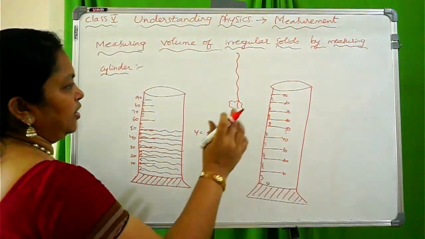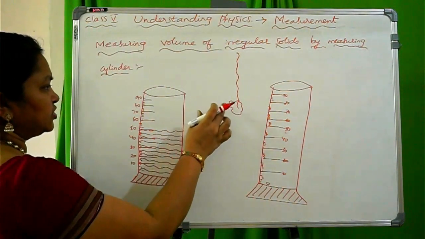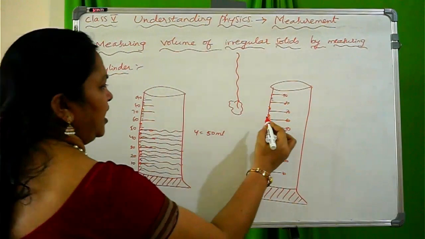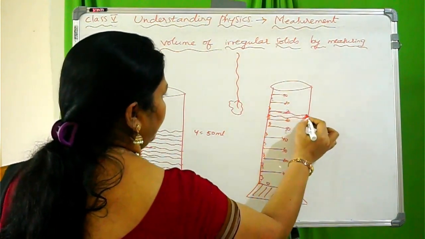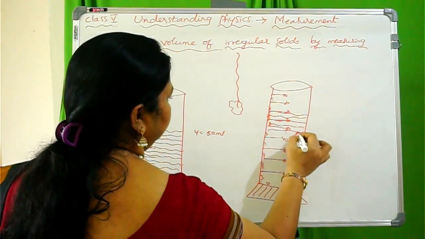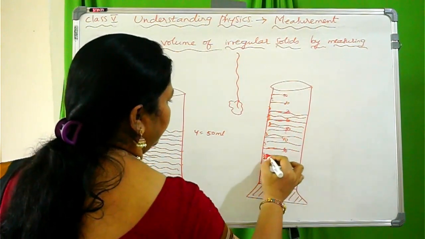See, now like this. Now I took this stone and I dipped the stone here. So what happened when I dipped the stone? The level of water increased. Up to here the level of water increased.